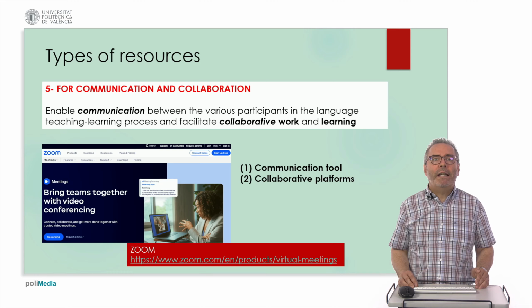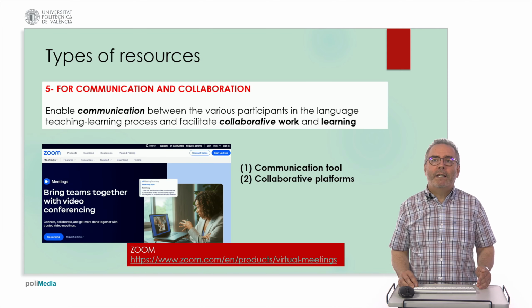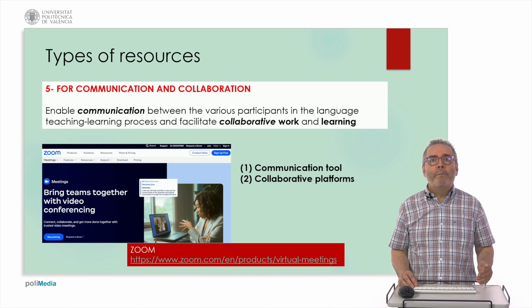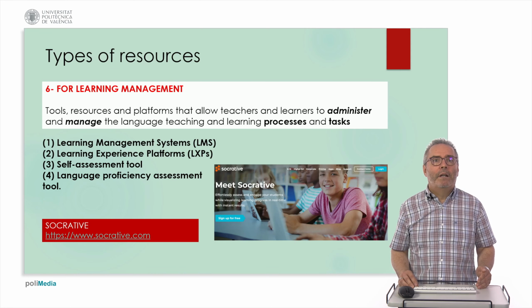Here the emphasis is to enable communication in many different ways between the various participants in the language learning and teaching process, and they also promote collaboration and collaborative work and learning. A good example would be Zoom and many other similar platforms.